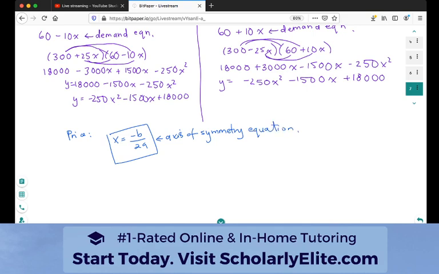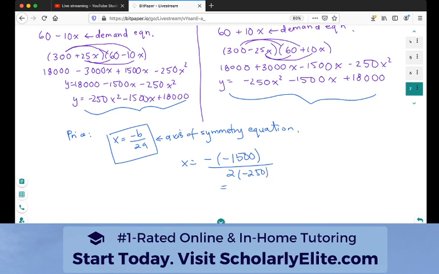So that's our axis of symmetry equation, and we can just use that with this, because remember, this is in the form of ax squared plus bx plus c. So in this case, we have x equals minus negative 1500 divided by 2 times negative 250. So let's go ahead and do that.